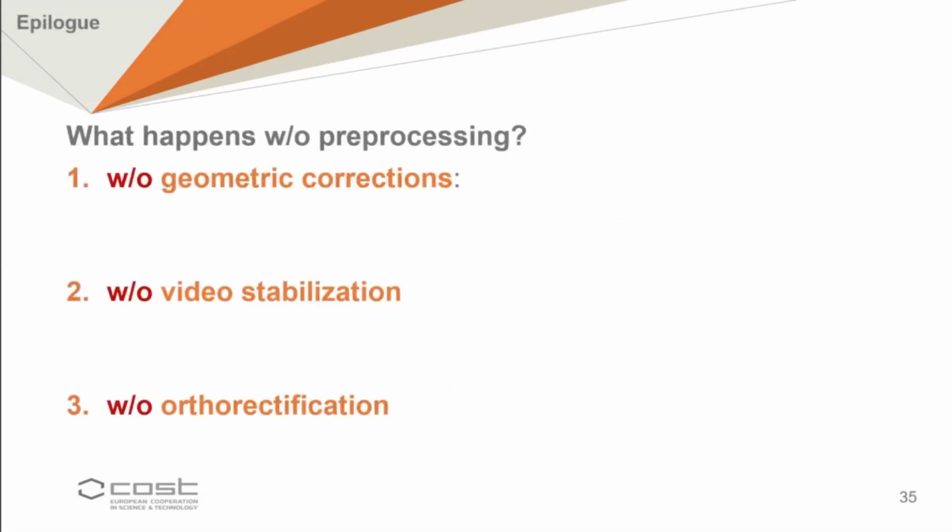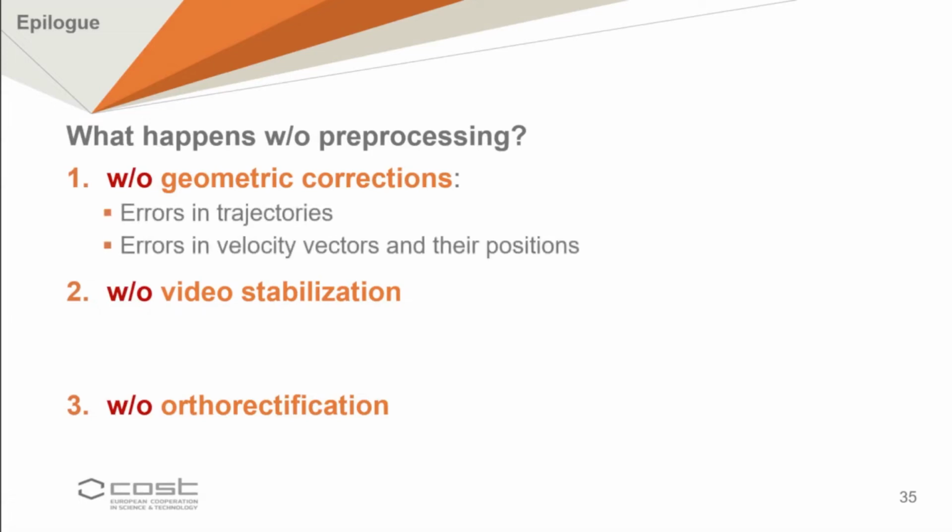Now that we've gone all the way through explaining what these pre-processing steps do, we can easily summarize what would happen without such steps and why they are so important for image velocimetry. So, without geometric corrections, we'll be left with errors in perceived trajectories of tracers and velocity vector values and their real-world positions.